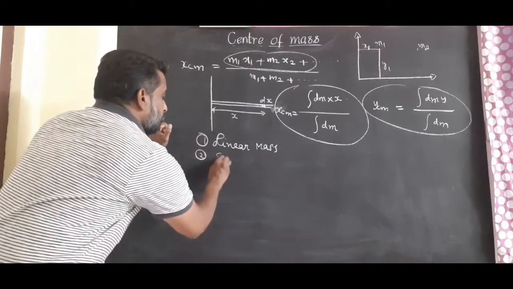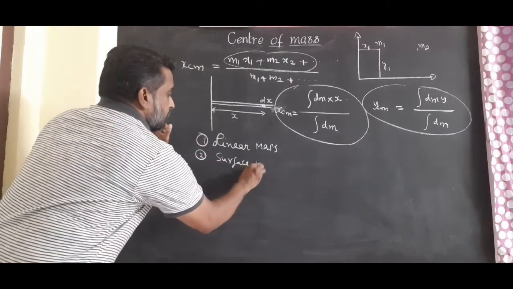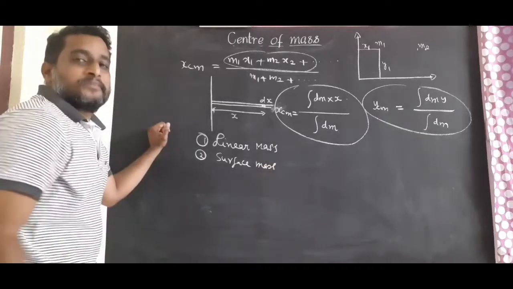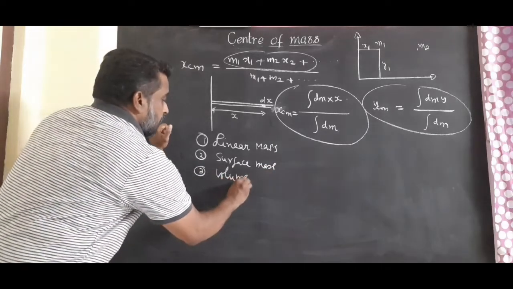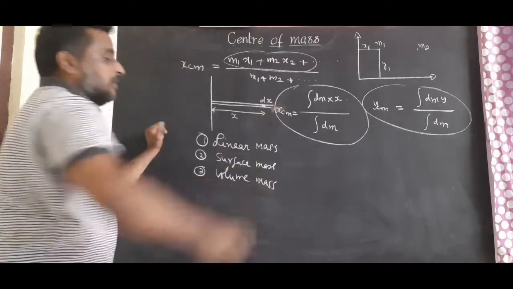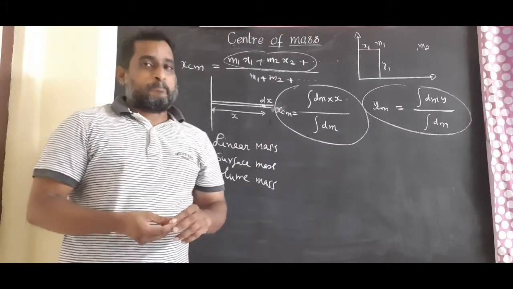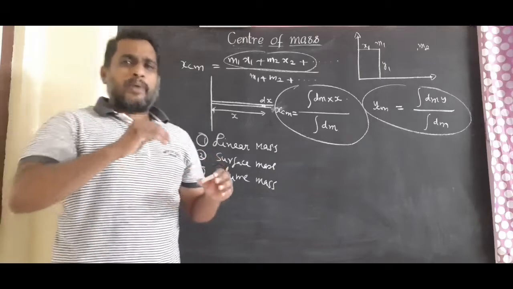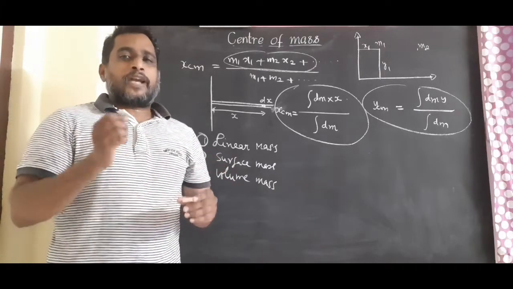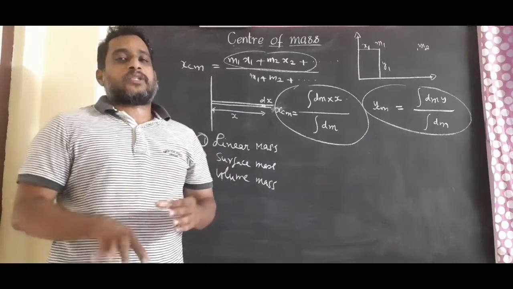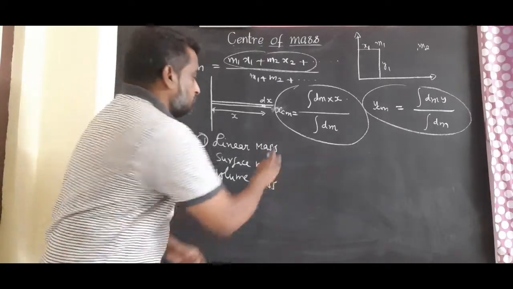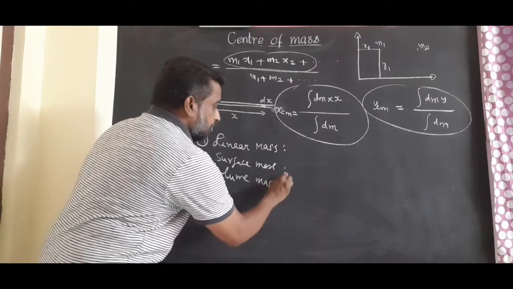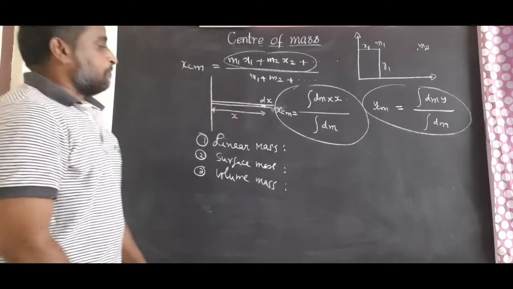So second type will be surface mass distributed bodies. That mass may be distributed over volume. So third one will be volume mass distributed bodies. First of all, you should have basic idea of calculation of mass of an element in all these three cases. So brief idea I give you relating to this. Just look at this part.